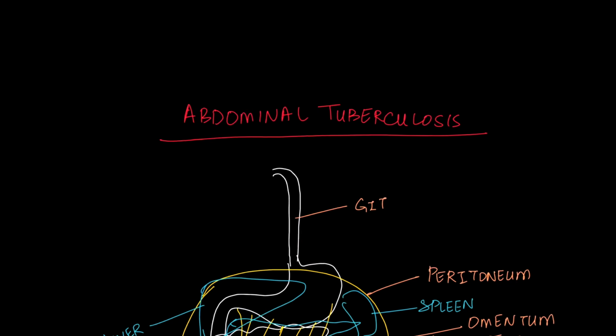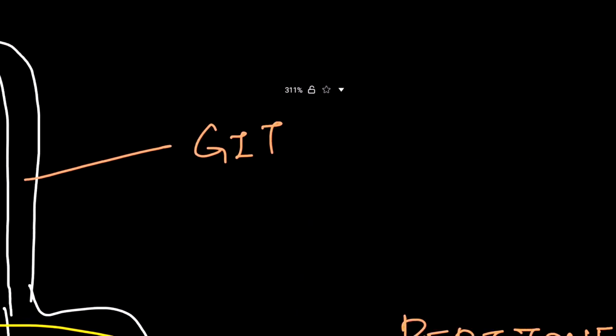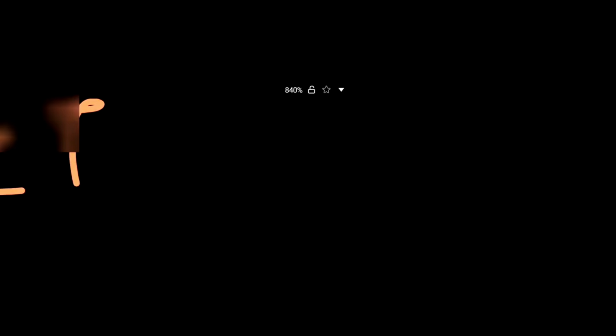Next, we'll be taking a look at the types of abdominal tuberculosis. So first, we have mentioned the gastrointestinal tract. We'll look at it a little further.